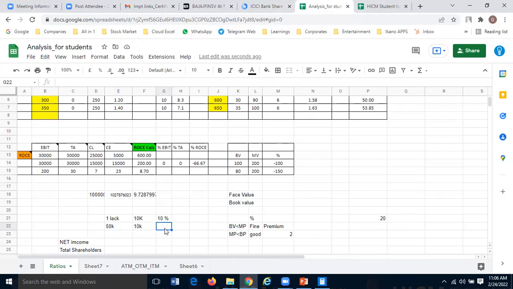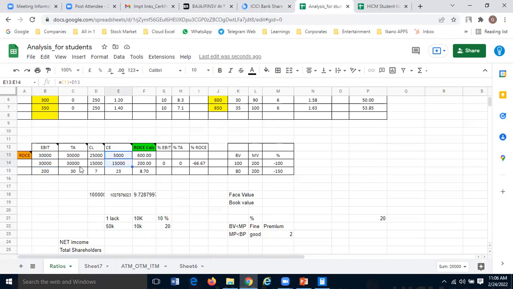So how much percentage have you earned? 20%. Understood? Because your capital employed is less. Here it is the same: capital employed has increased, but net profit is the same.